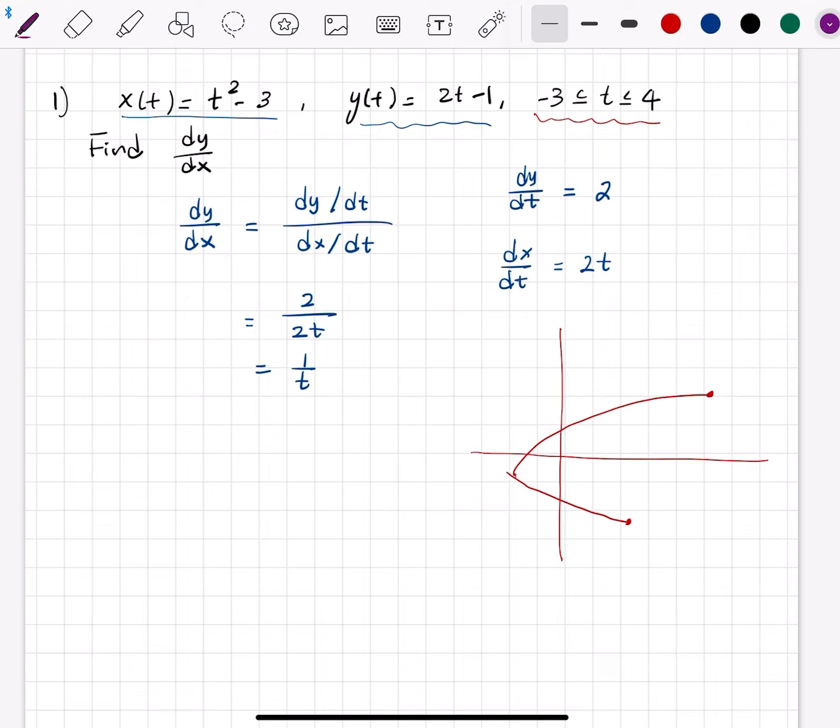The starting point is when t is equal to negative 3, and the graph ends when t is equal to 4. So there is a path. You can think of a particle starting at t equal to negative 3 here, and then little by little moving, and the way the particle moves leaves a trace, and that is the parametric equation graph or curve.